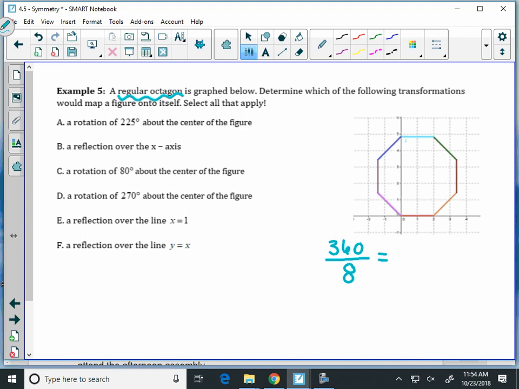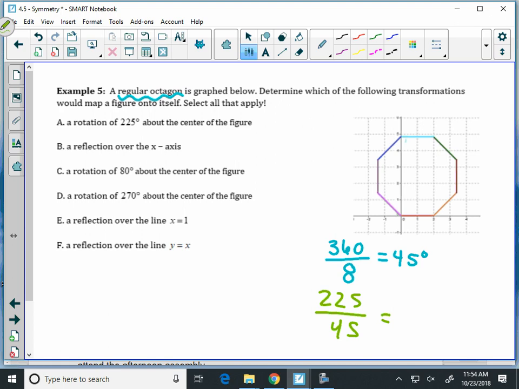Well, what's 360 divided by 8? 45. Here's the thing. Can't we do more than one 45-degree rotation? Yeah, so we just have to see, does 45 divide into 225 evenly?